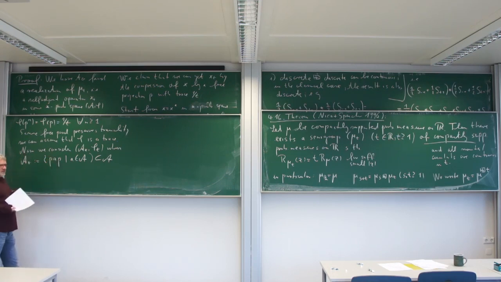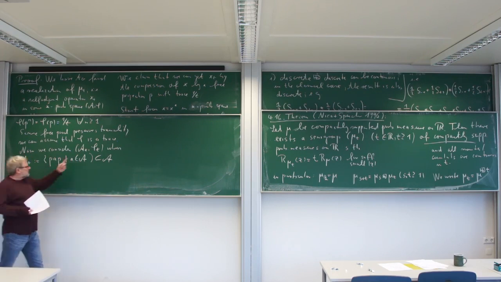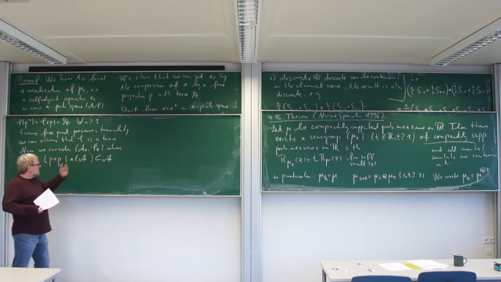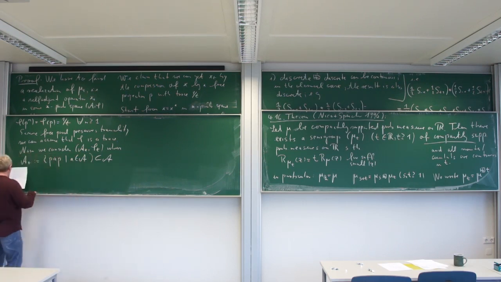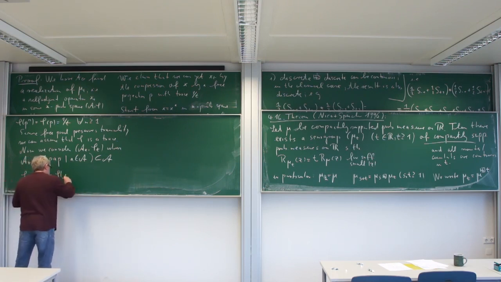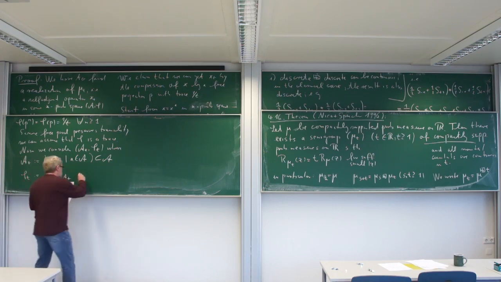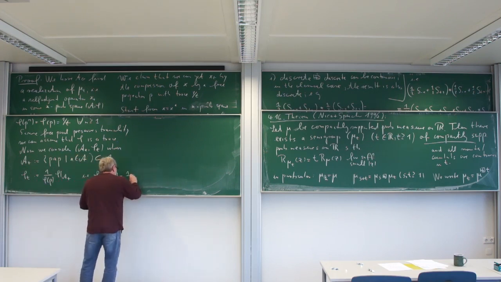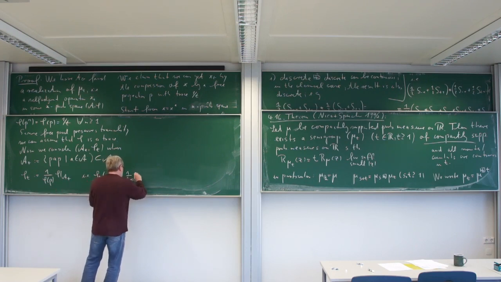Okay, so this has its unit P, and of course, in our star probability space, we need phi of the unit to be 1. But the unit is now P, and phi of P is not 1, so we have to rescale it. So phi_t is essentially phi applied to our elements, but we have to rescale it by phi of P, and then it's again unital. So this means phi_t applied to an element of the form PaP is given by taking 1 over phi of P times phi of PaP.